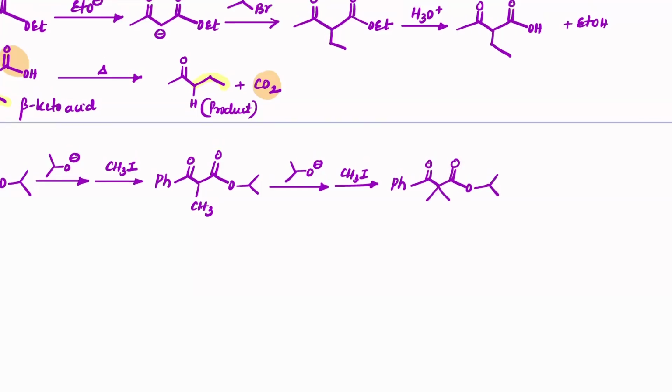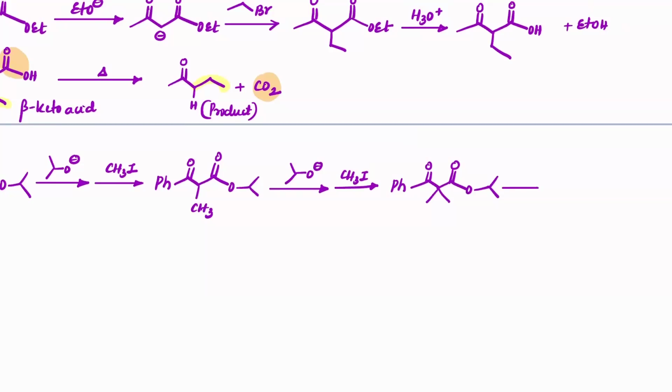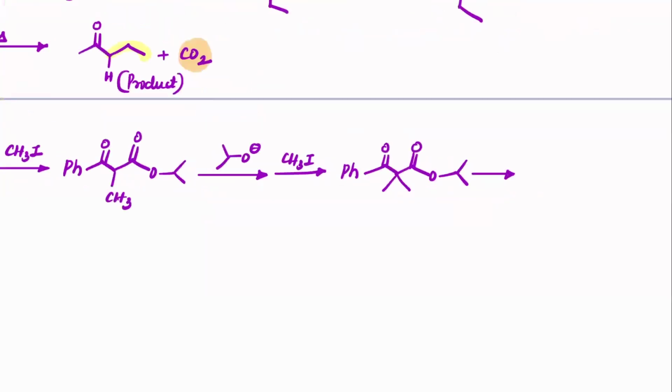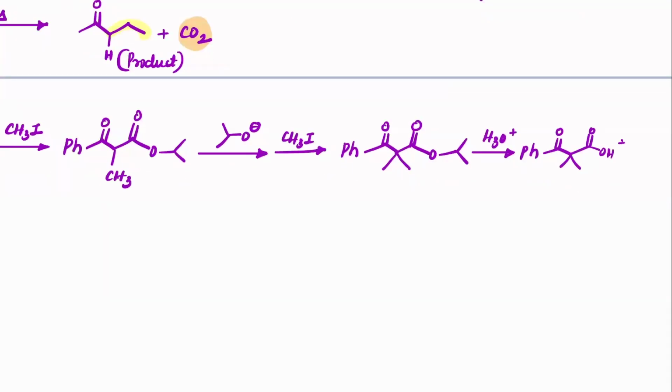Now normally in the questions, it is said that this will give two products on hydrolysis. So on hydrolysis, we will get Ph, double bond O, double bond OH, and here we'll have two methyl groups. That plus propanol.